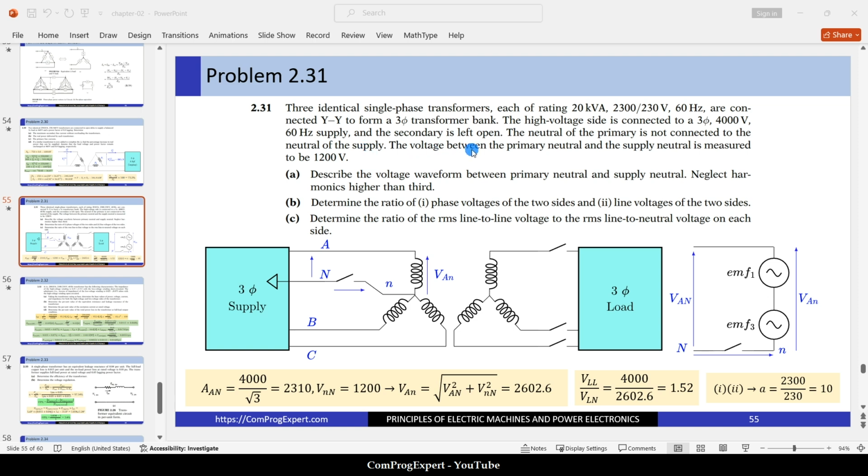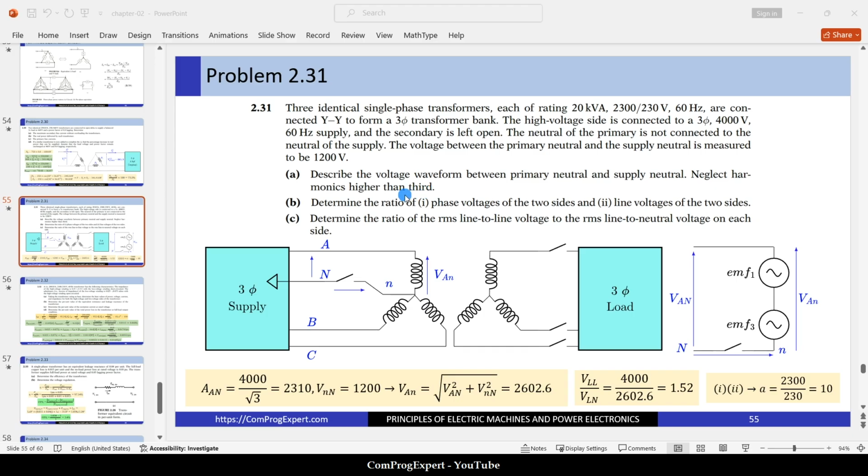The voltage between the primary neutral and the supply neutral is measured to be 1200 volts. The voltage between these 2 points, the capital N and this N. A. Describe the voltage waveform between the primary neutral and the supply neutral. Neglect harmonics higher than third.